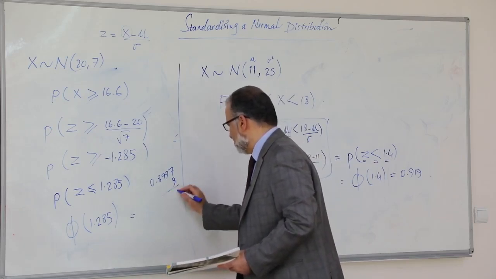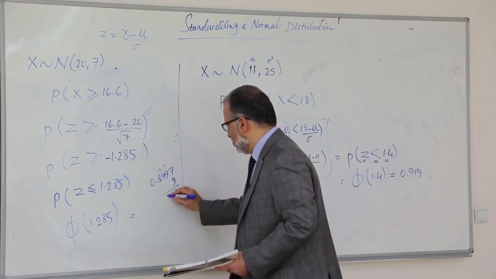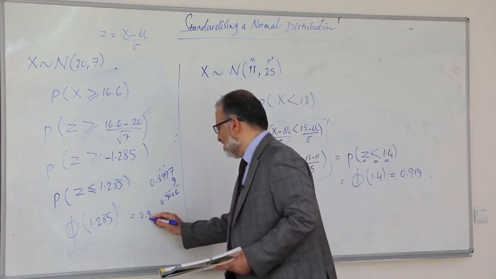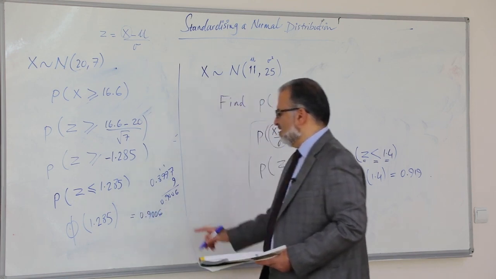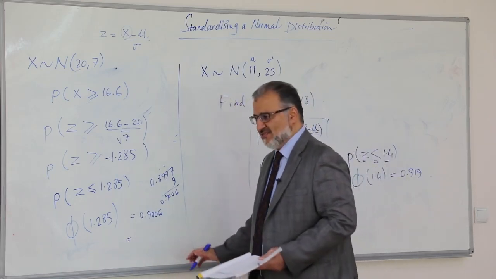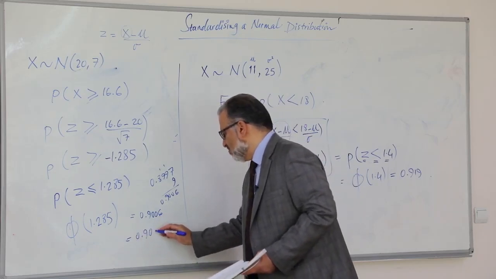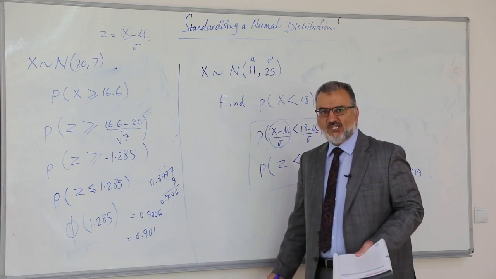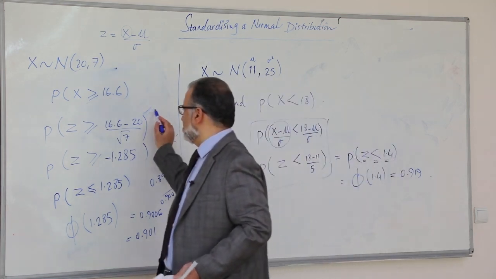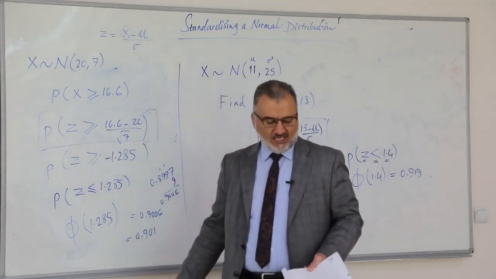Here 6, add them. 0, here 1, 0, then 1, so 9. So this is the answer, 0.9006. This is the probability. In the examinations we are dealing with 3 significant figures, so that one will be nothing but 0.901. Okay, is it clear? Hopefully it is clear. So the only new thing, as we said, is that you need to standardize here, while the other process we studied together.